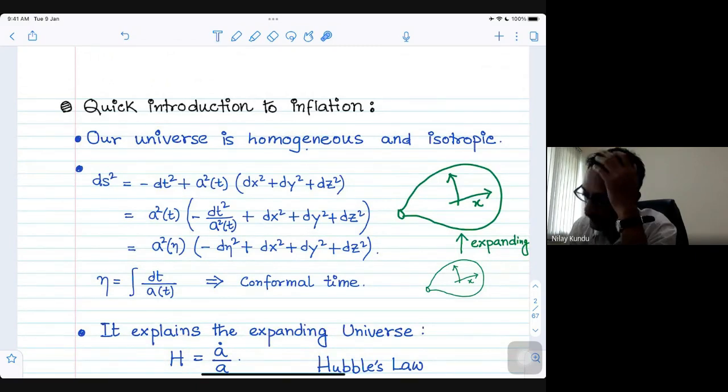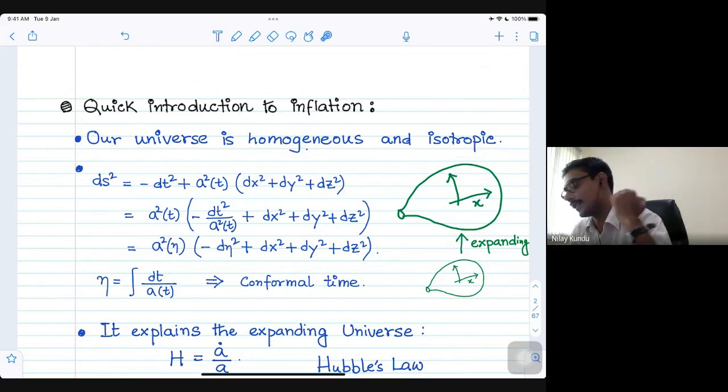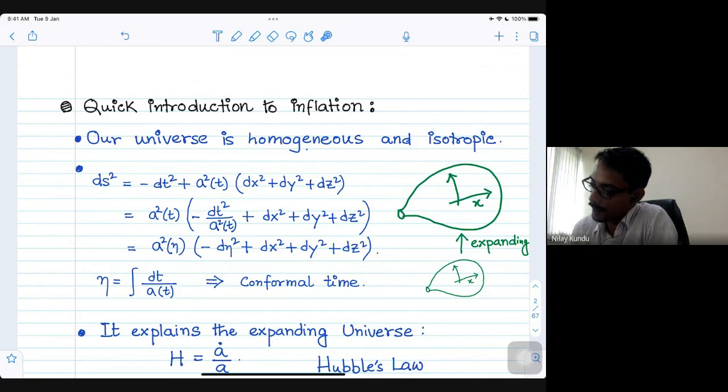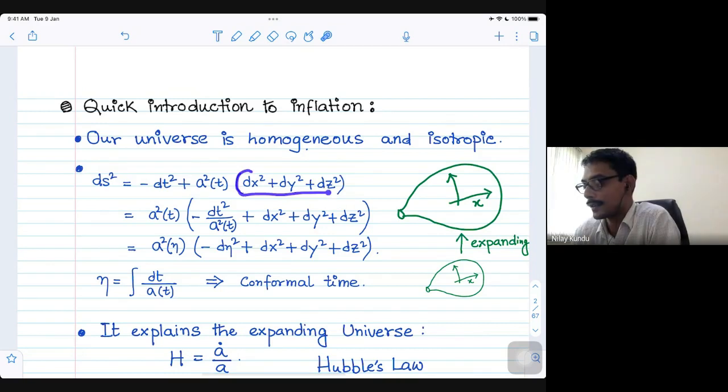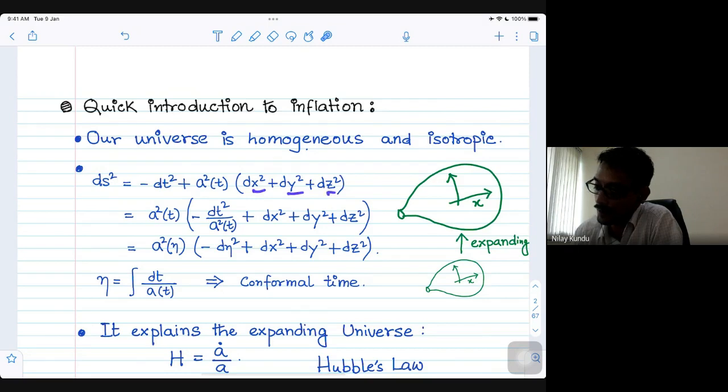It is a fact that our universe is approximately homogeneous and isotropic at large, cosmological scales, which tells us that the metric which gives us the distance between 2 points in our universe can be written in this particular form, where this part is the spatial 3 dimensions given by coordinates x, y, and z, and this factor over here is known as the scale factor.